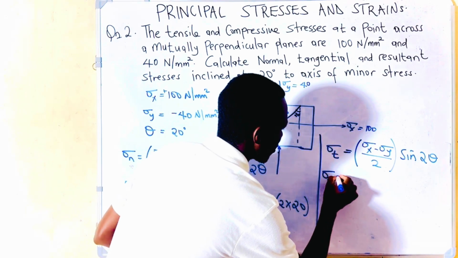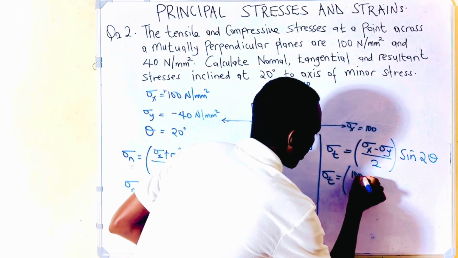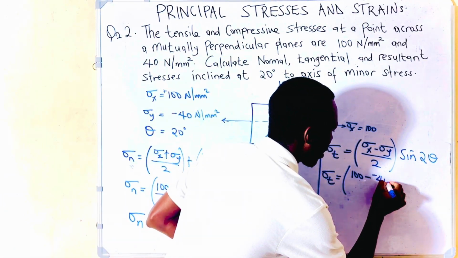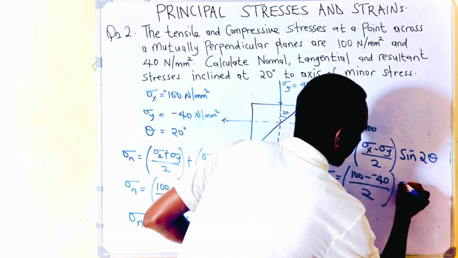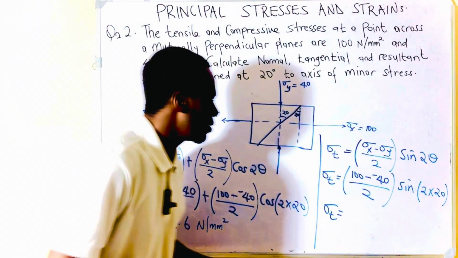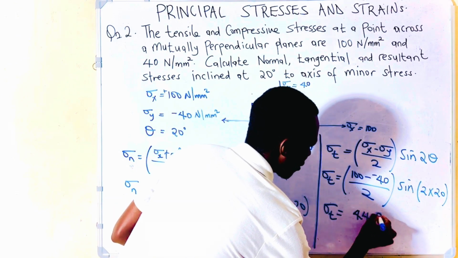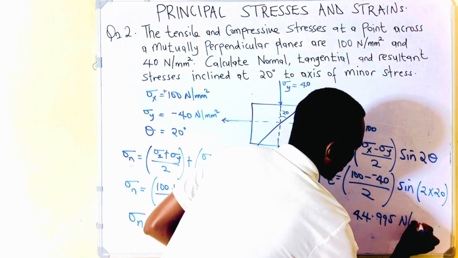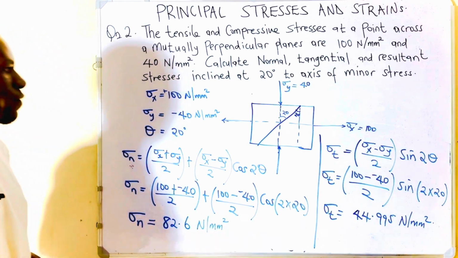Sigma t is going to be equal to 44.995 Newton per millimeter square. So we have found the two values.